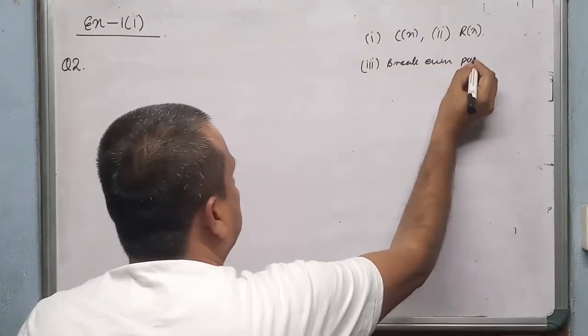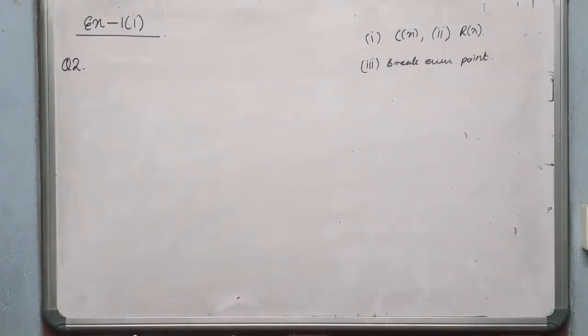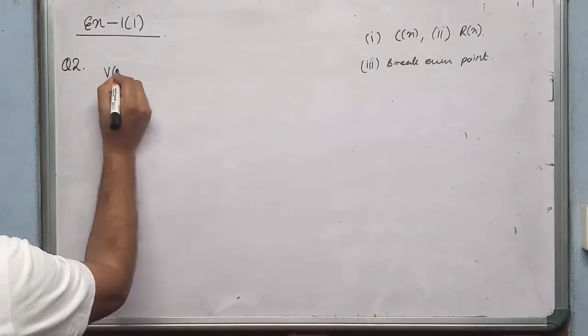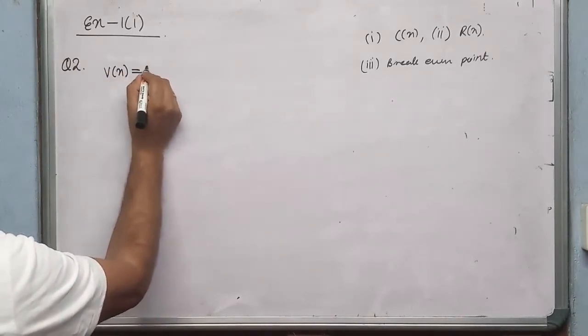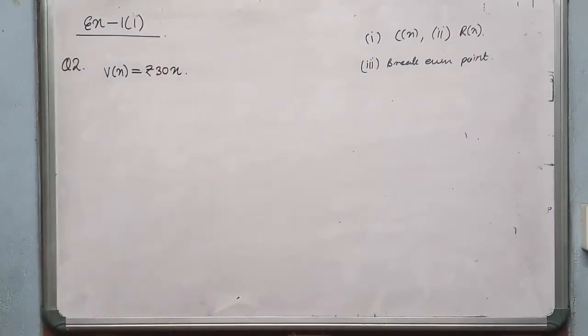Now here, the cost of production of the one book. A textbook publisher finds that the production cost of each book is rupees 30. The production cost is rupees 30, which means it's a variable cost. Variable cost is rupees 30 into X. X is the number of units of books.